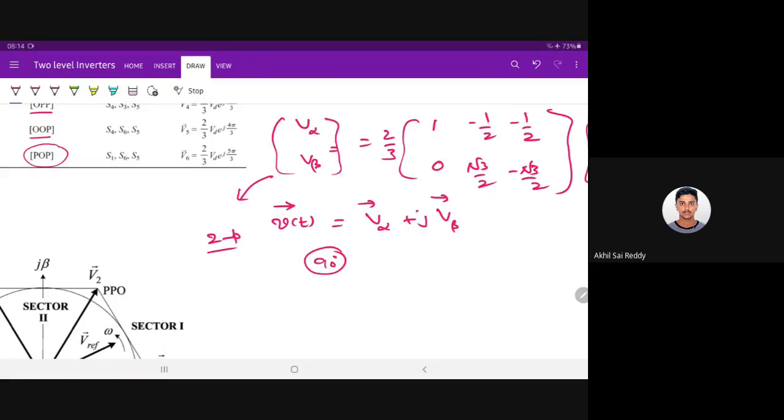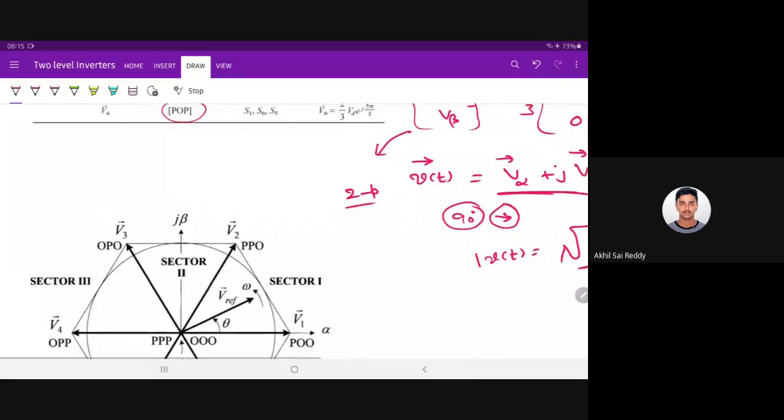When you have two-phase, with only alpha beta, you can use the orthogonal components and get the resultant. If you want the magnitude of this, simply take V alpha square plus V beta square. That gives you the magnitude.